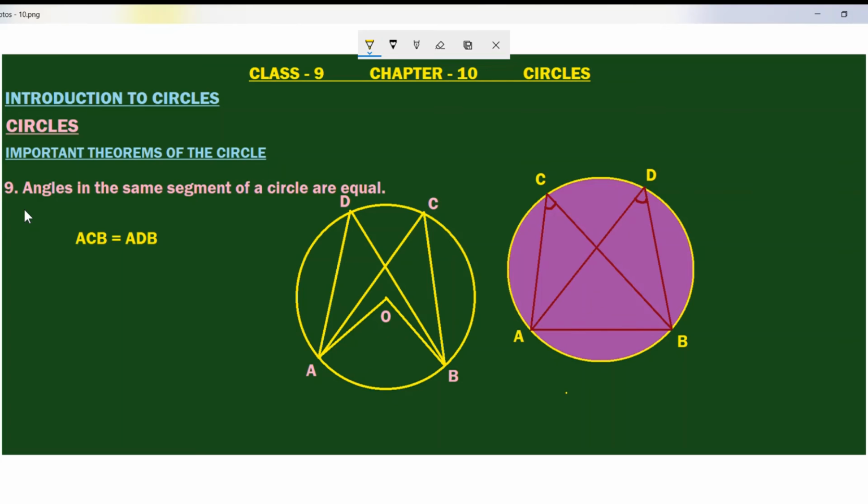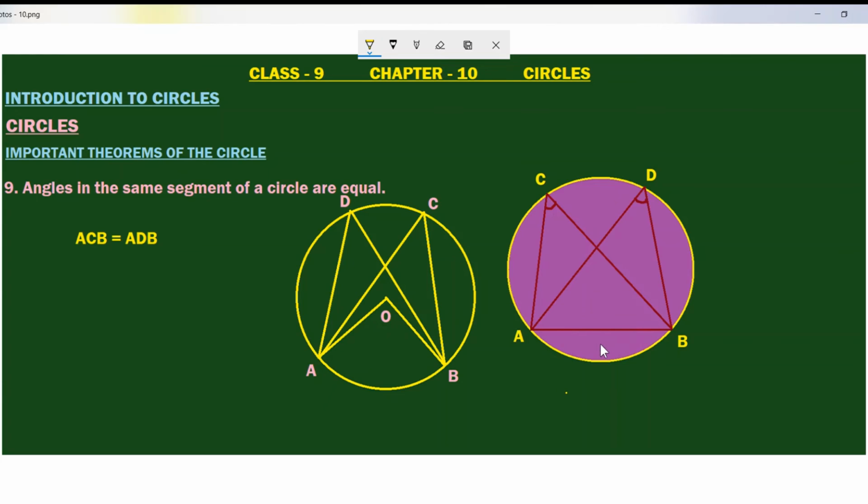Theorem number 9. Angles in the same segment of a circle are equal. Here we have taken AB as a chord. So this is the minor segment, formed by the minor arc AB and the chord AB, and this is the major segment formed by the major arc AB and the chord AB.